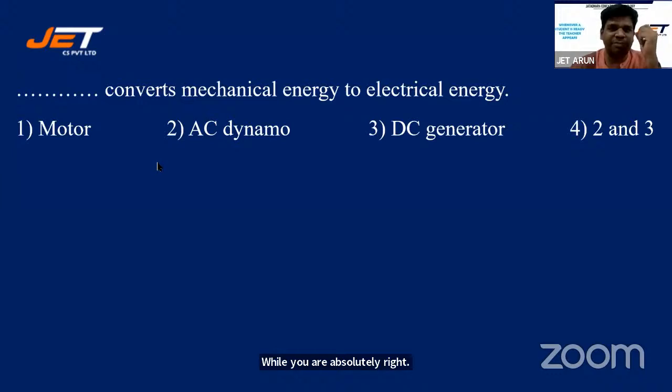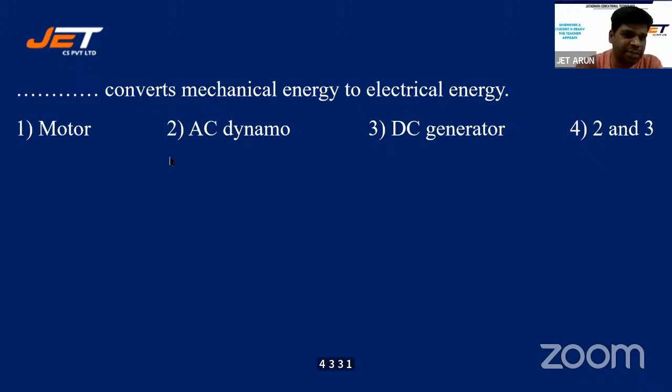Dash converts mechanical energy to electrical energy. Motor, AC dynamo, DC generator, 2 and 3. Mm-hmm. 4, 3, 3, 1.